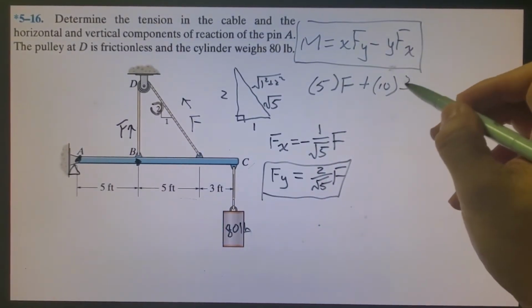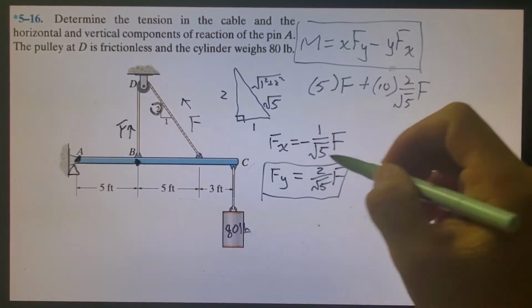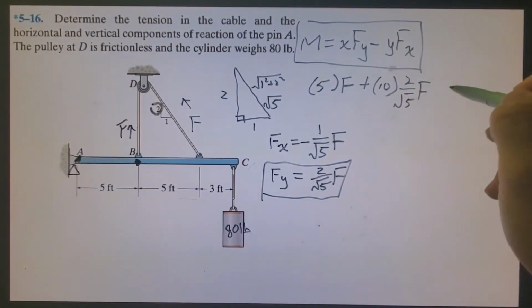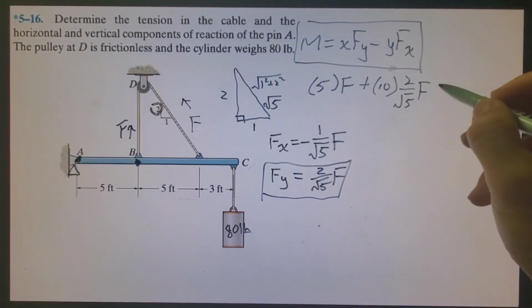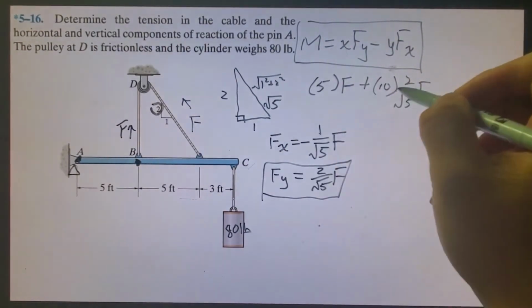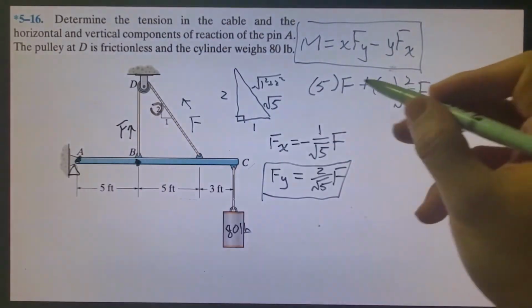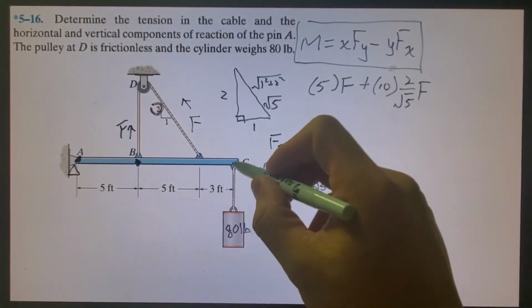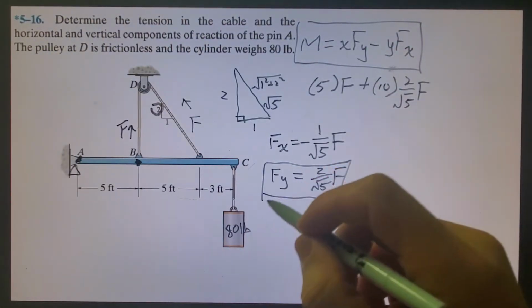So times 2 over square root of 5. All right, and then minus Y, that is equal to 0, times Fx, okay? And again, this force is also making it go counterclockwise. That's why it's positive. We know this force is going to make it go clockwise, so it must be negative.